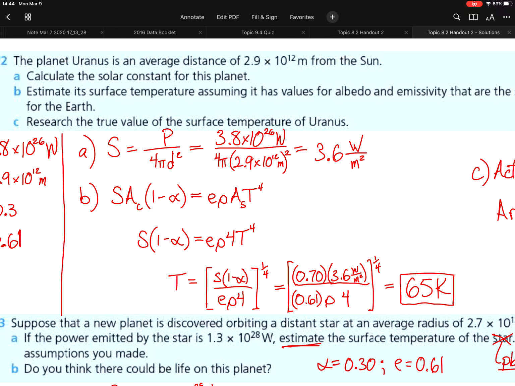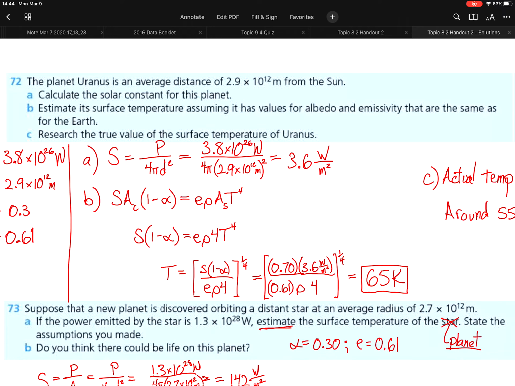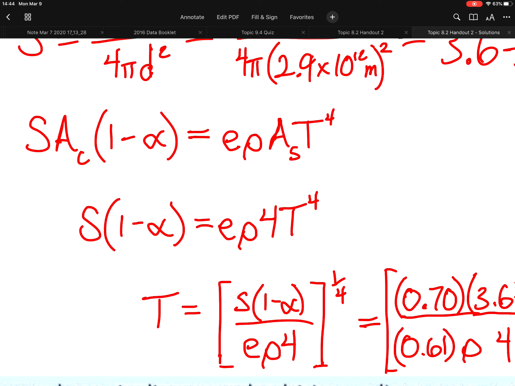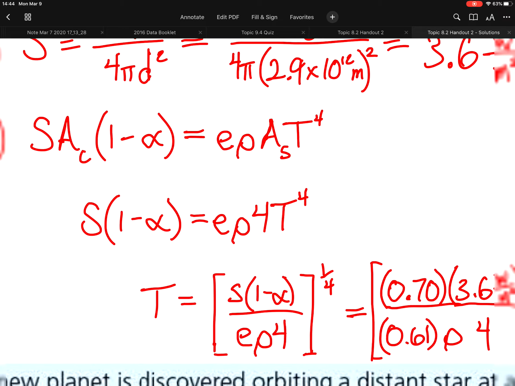Okay, we then calculated surface temperature, and we use the same values that we used previously. So in other words, for albedo, we use 0.3, and for emissivity, we use 0.61.